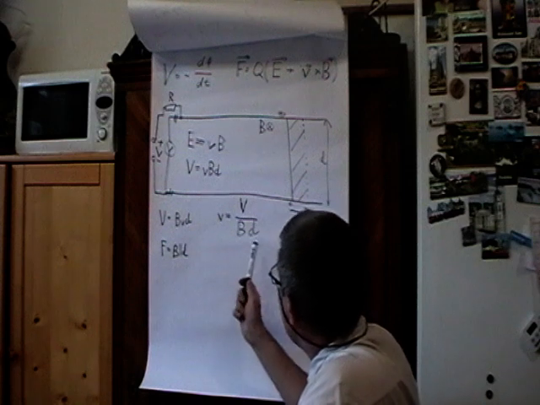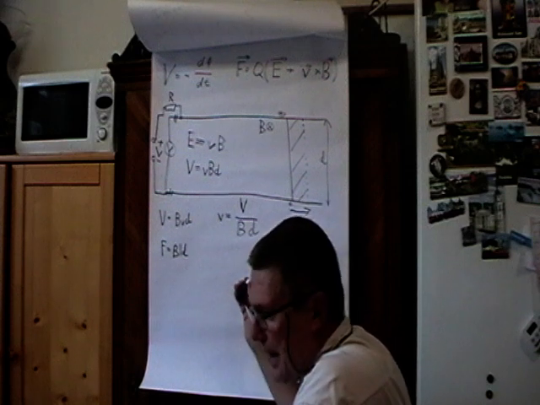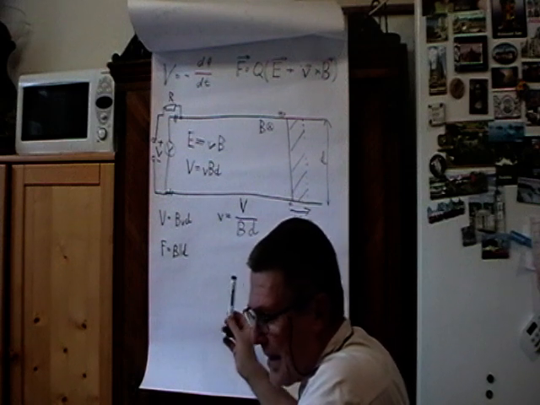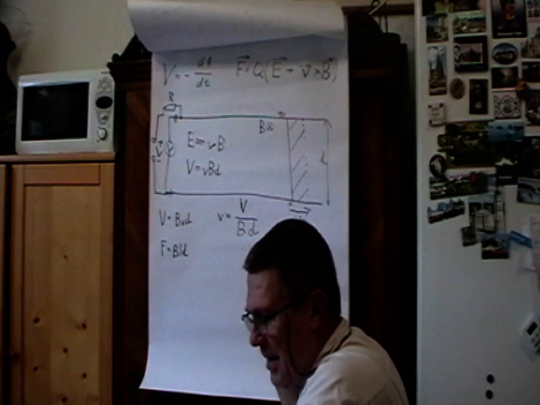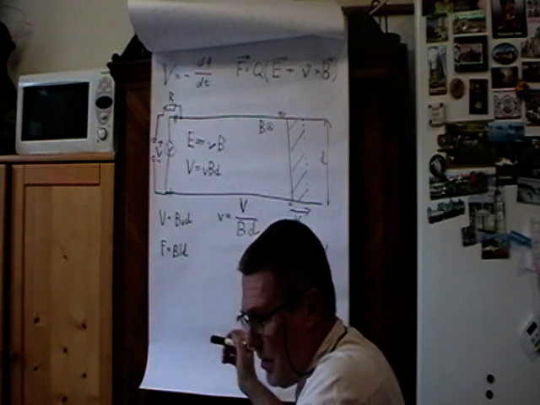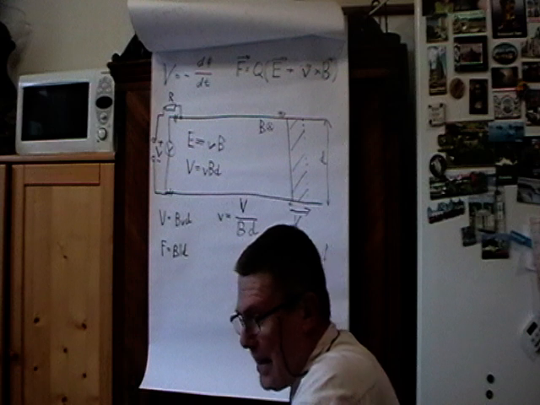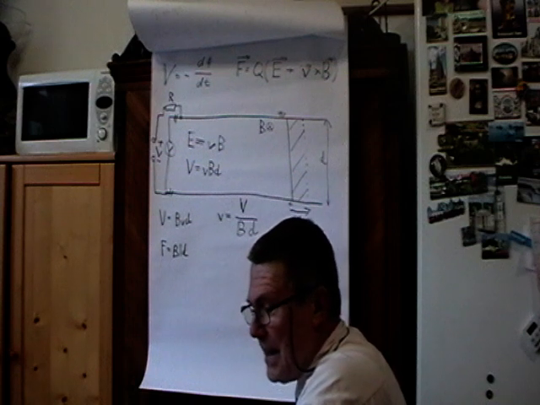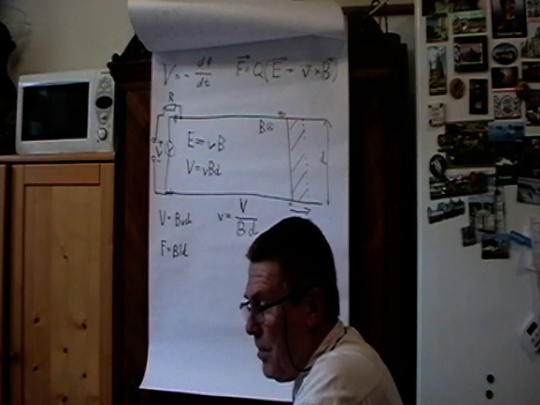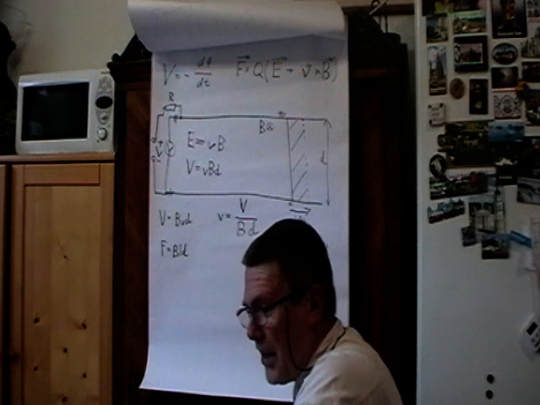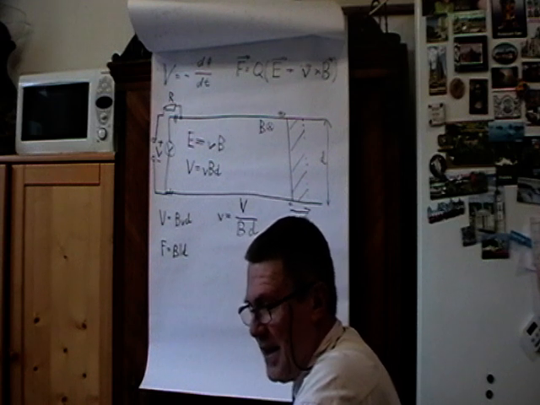So now this is an important example that more or less tells us the principle of the electric dynamo or electric generator, and at the same time it gives us an insight into the function of an electromotor. It's quite an important topic.